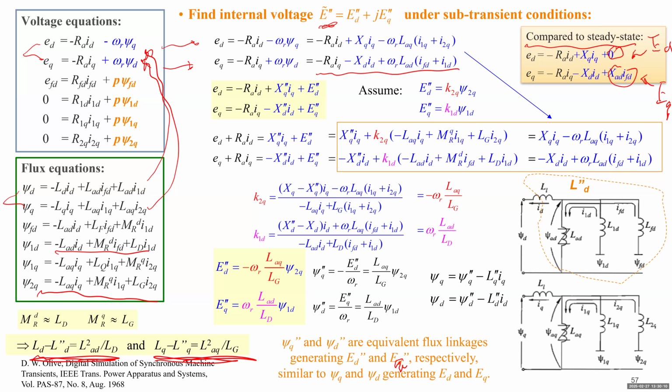That's the largest flux linkage, and because there's an inductance, it goes through the inductance to the terminal, so the flux linkage will drop by L multiplied by the terminal current. The terminal flux linkage will be the internal flux linkage minus the drop on the inductance.